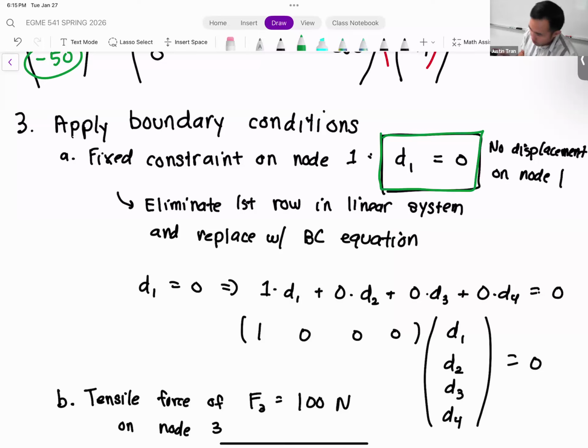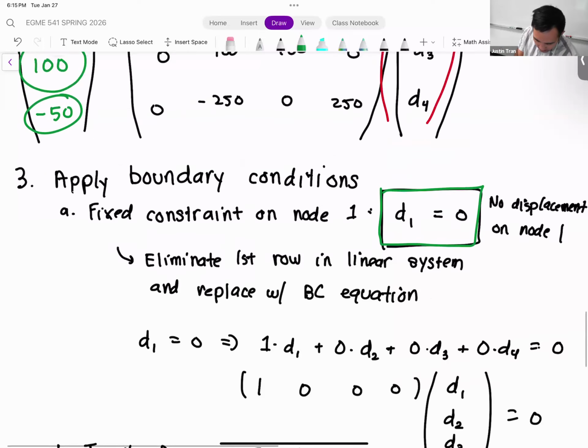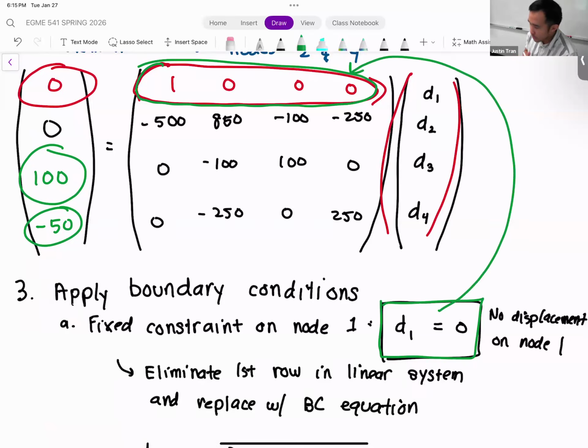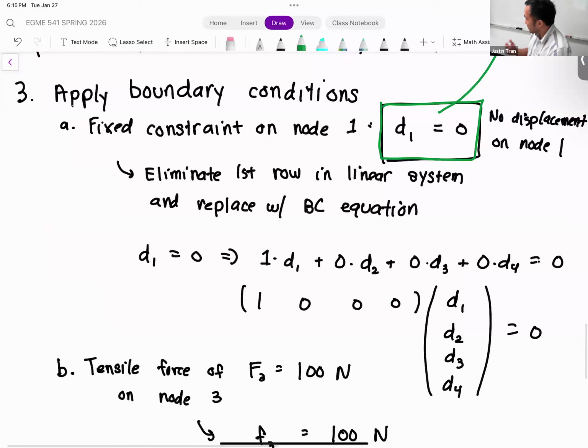And we want to be able to implement this directly into the matrix. But this matrix not only accounts for D1, it accounts for D2, D3, D4, even though D2, D3, D4 are not present in this equation. And so the way that we do that is we insert them in, but we just add a 0 in front.